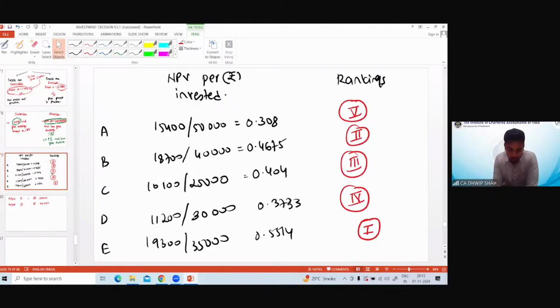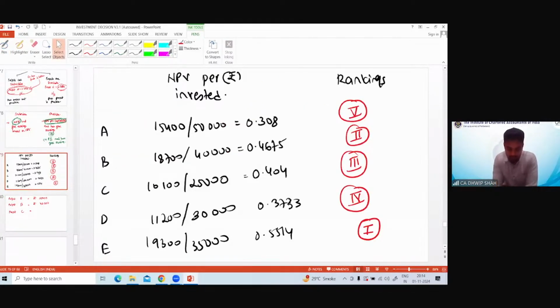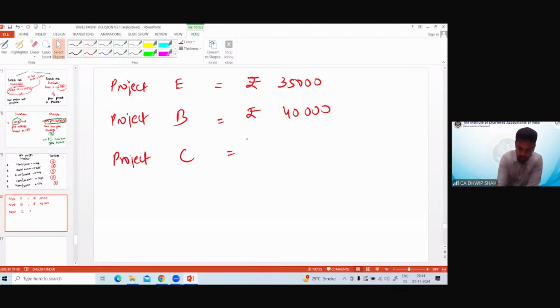Then rank 3 is project C, correct? What is the amount of investment needed for project C? It is 25,000. Am I able to undertake the entire project C?